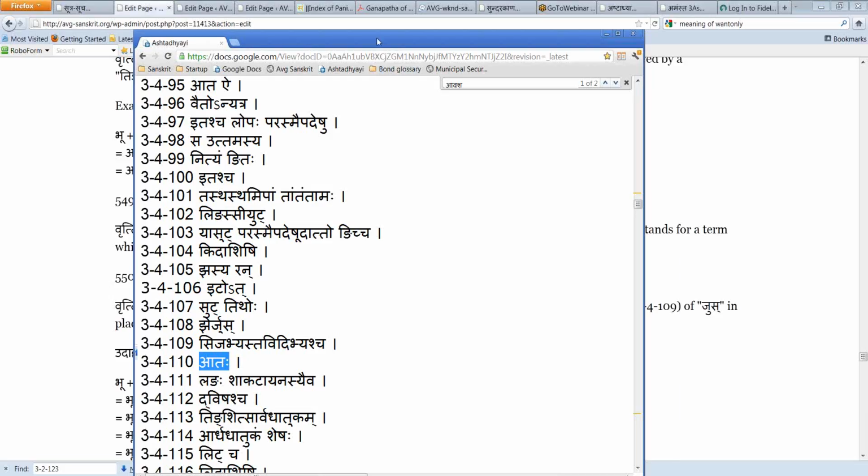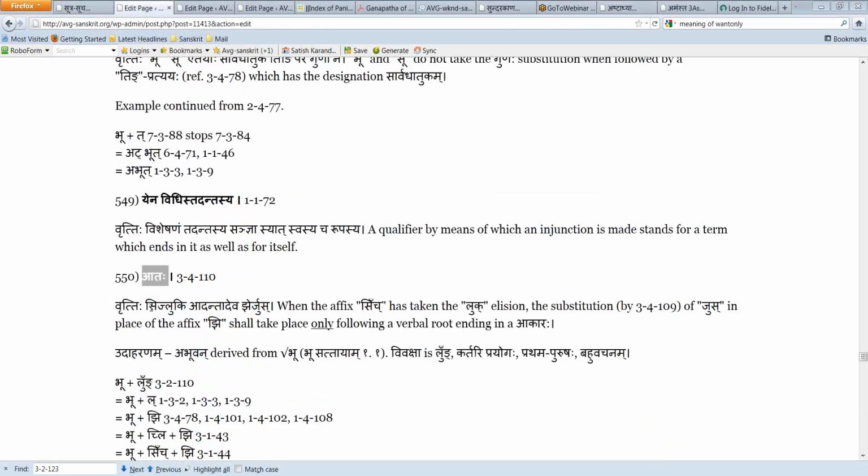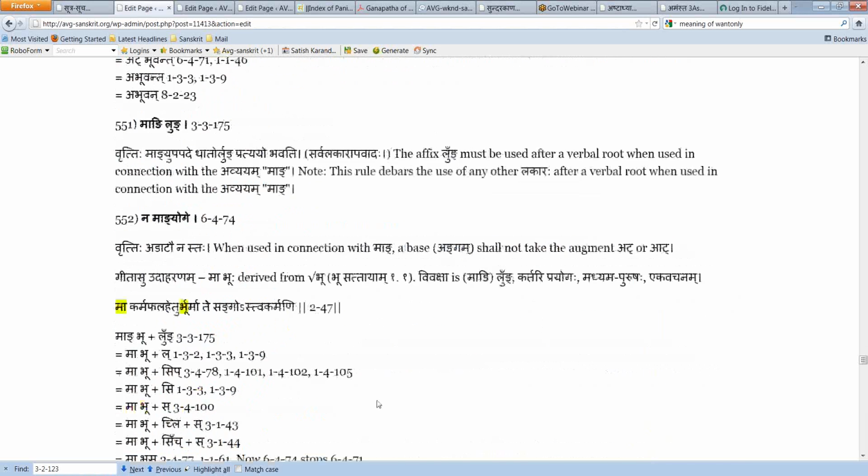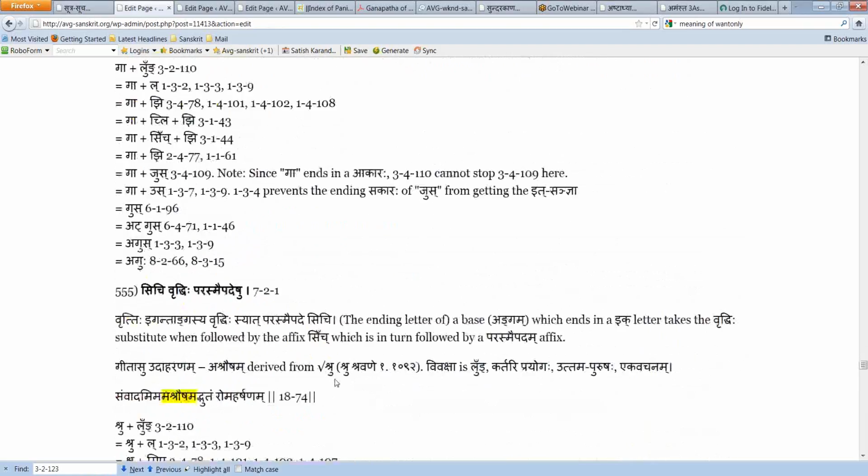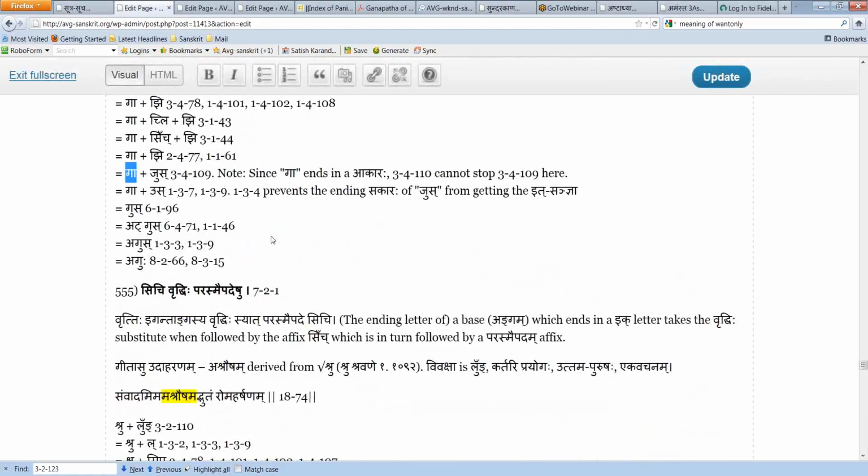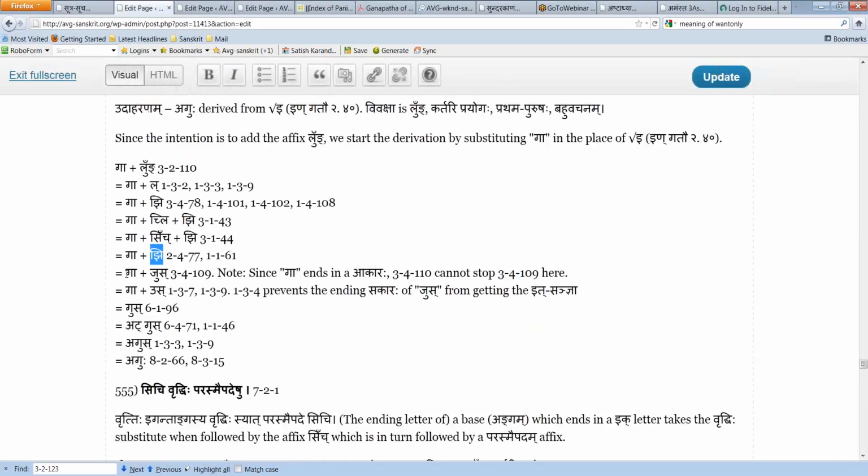So ataha says sijluki adantad eva jus. But right now we do have an adanta dhatu. We do have ga, which came in place of ind. Right now the sich has taken luk by gatisthagha pubhubhyaha sichaha parasmaipadeshu, and we do have the jhi following, but we have an adanta dhatu.